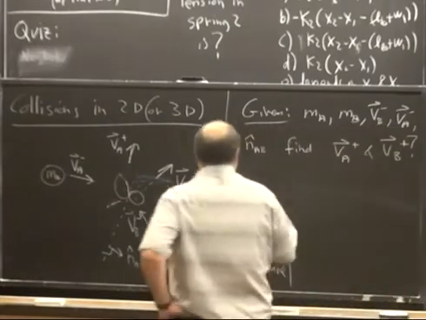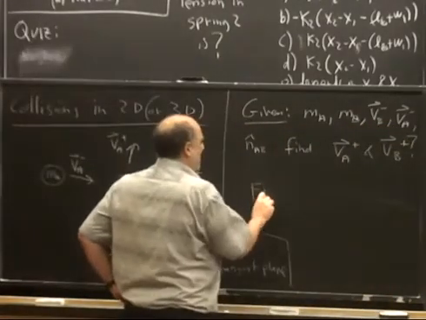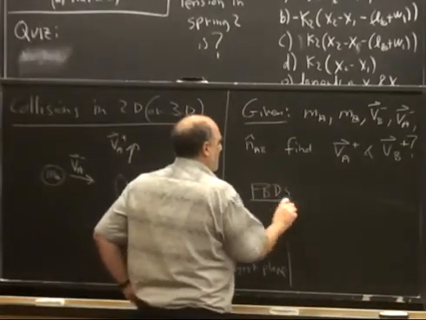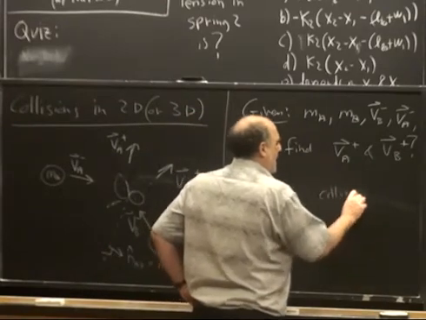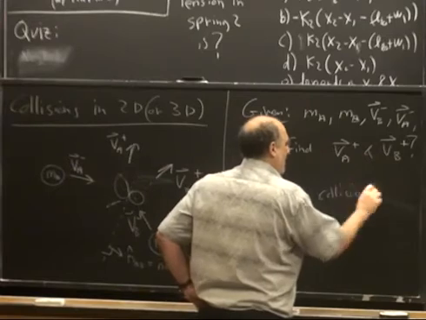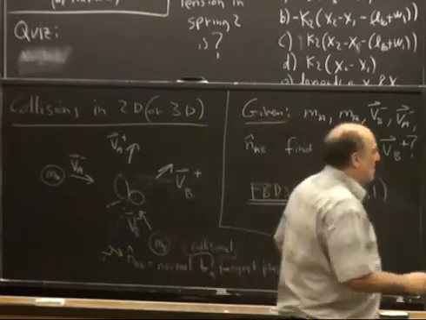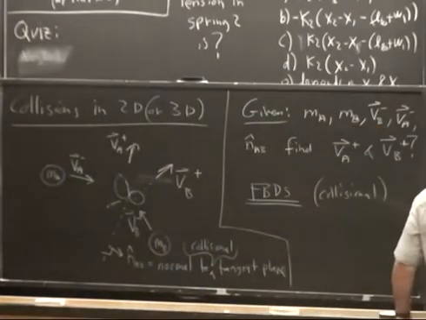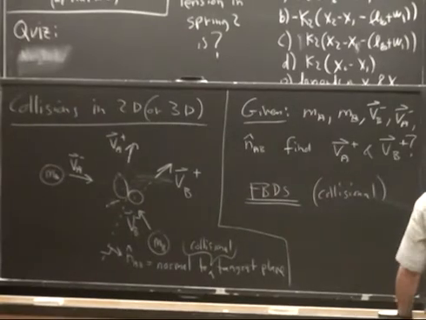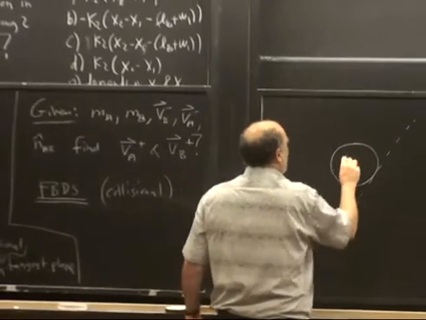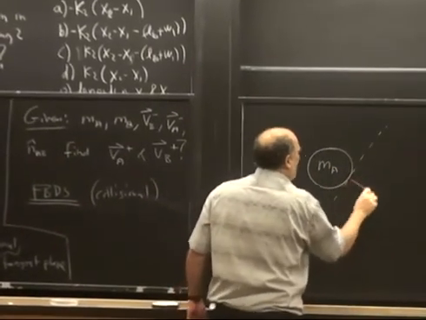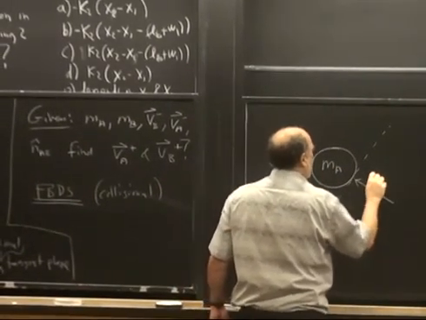Well, we can draw free body diagrams of both balls during the collision. So these are collisional free body diagrams. And what means a collisional free body diagram is that I'm drawing this thing. I've got this tangent plane here, and here's this mass A. And instead of drawing a force here, I draw an impulse.